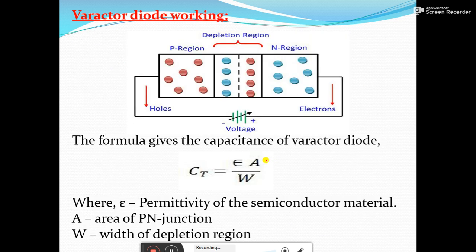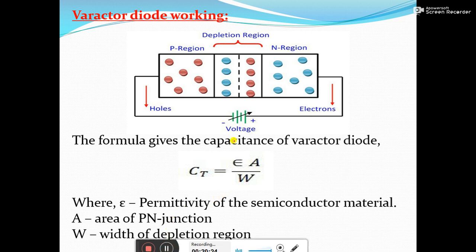If you see the working here, it looks like a normal PN junction diode. The P region is connected to the negative terminal of the battery and the N region is connected to the positive terminal of the battery. I can say this varactor diode is now reverse biased.